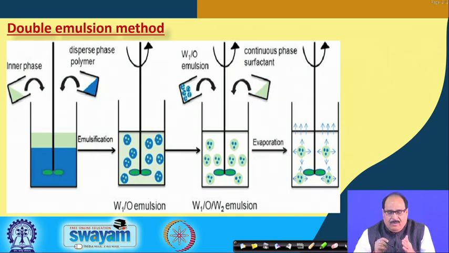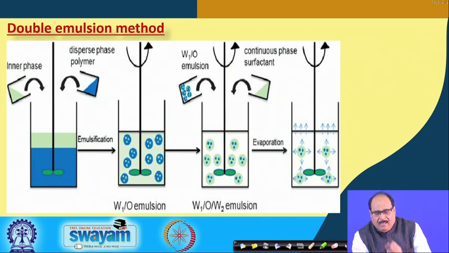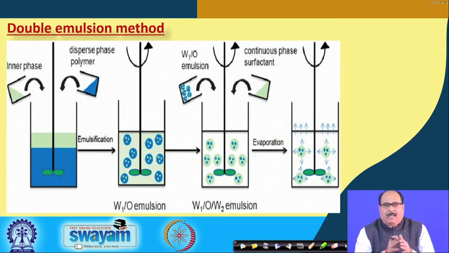Then this water in IL emulsion is added to the continuous phase having surfactant etc., and again by stirring, the second, that is a water in IL in water, suspension or emulsion, is formed. So that is the double emulsion. Finally, using appropriate methods of evaporation, heating etc., the solvents are evaporated, and finally the rigid microspheres or microcapsules are obtained.